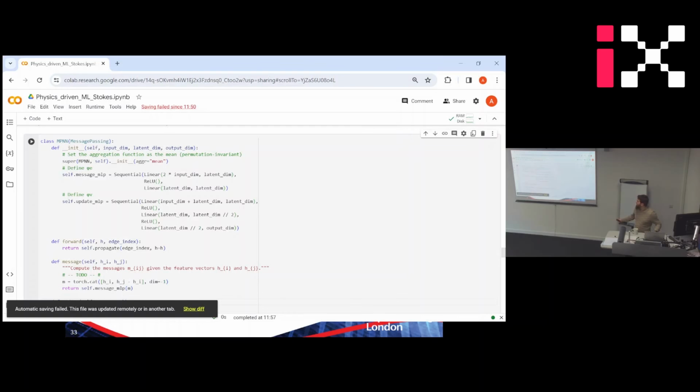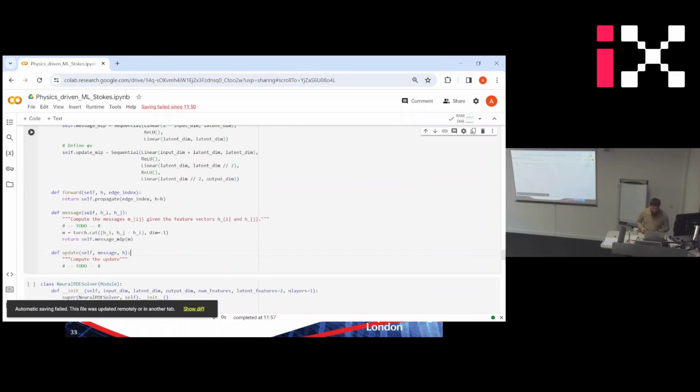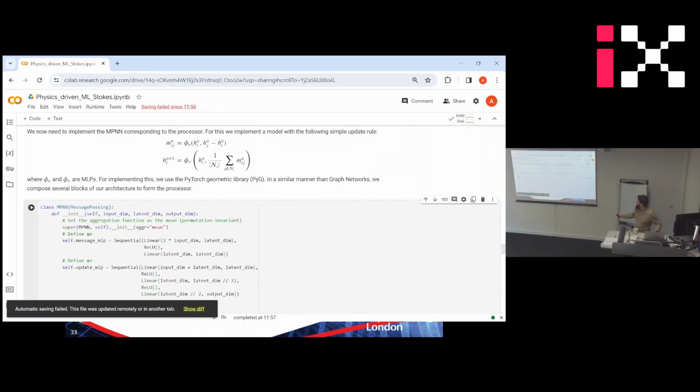So it will aggregate to form the mean, right? So the mean is already passed to the update. So the message that you see here is the result, it's the mean of all the messages, right? So it's this. And now we want to concatenate this and this to feed the other multi-layer perceptron.